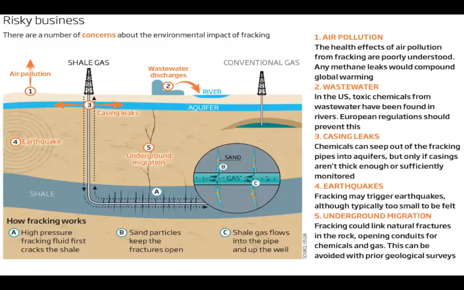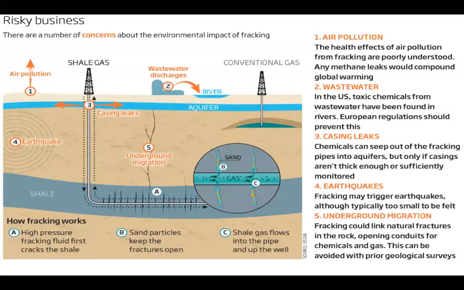And so this is a step-by-step approach to how fracking works. It's very similar to what I showed you with the extraction of oil from tar sands and from shale. But in this instance, what they're doing is they're pumping water into a shale formation, and inside the water is, again, all kinds of proprietary chemicals.